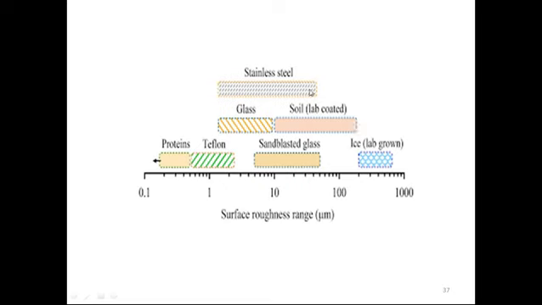And then above is stainless steel. This stainless steel material falls under 1 to 100 micrometer; the range of surface roughness for this is 1 to 100. So like this, these are a few examples of materials given with their micrometer range. It can fall between 0.1 to 1000.